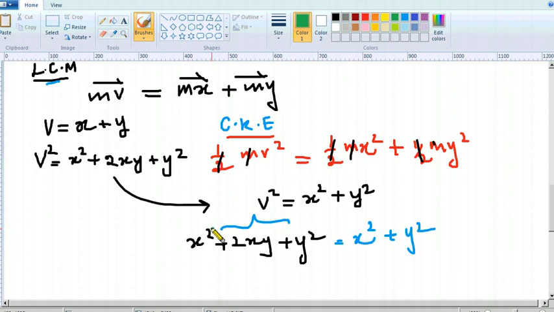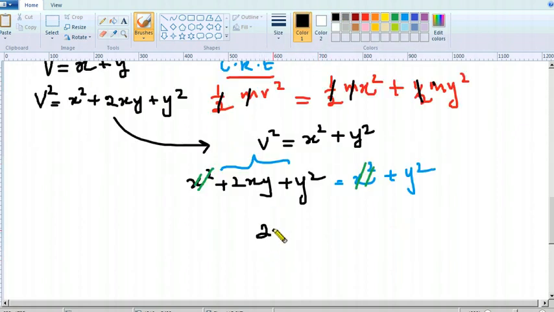So x squared cancels, then I write the remaining, 2xy plus y squared equals y squared. All the terms have y, so I can cancel one y from each term.